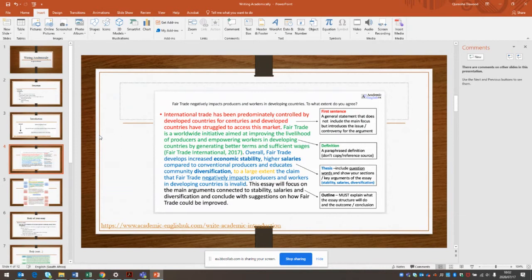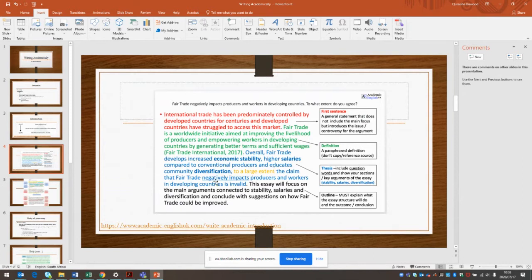Okay, and then the thesis or the assignment here, and this is the person's position, shows that overall fair trade develops increased economic stability, higher salaries compared to conventional producers, and educates community diversification to a large extent.